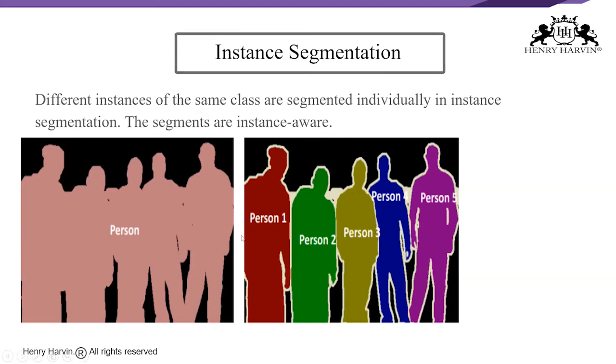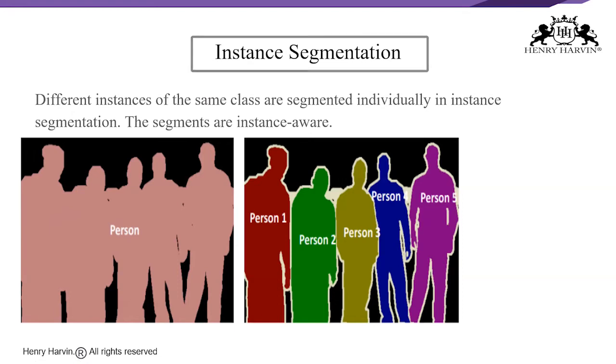Look at picture 1 and picture 2. What is the difference we observe over here? In picture 1, you see there are 5 persons. It is labeling them as person, and here you can see only 2 colors, person and the background. Am I clear? Right?